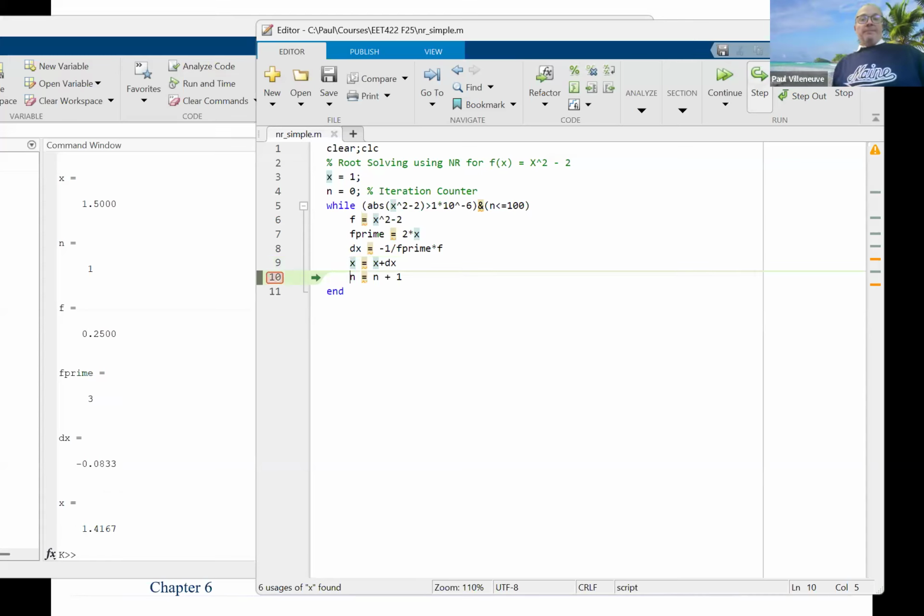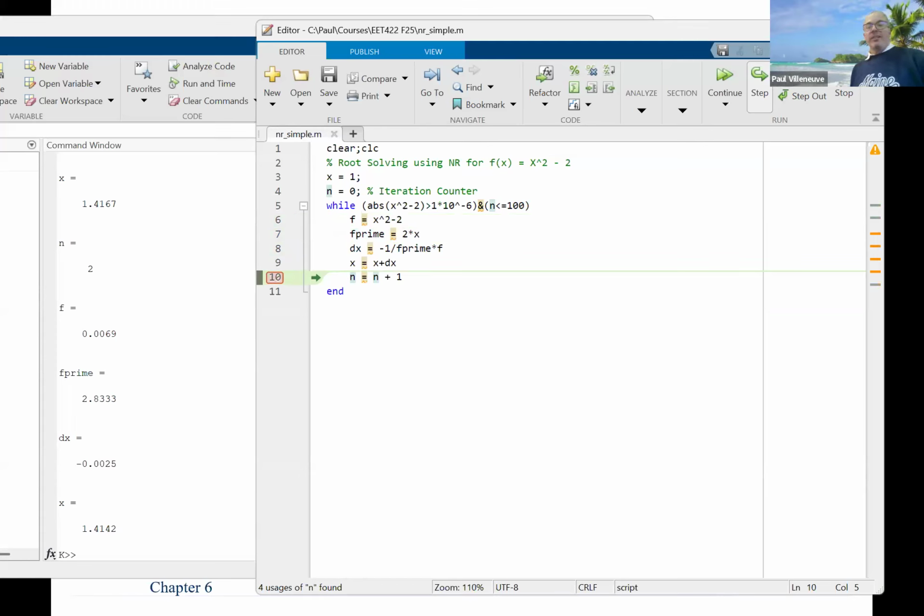So now my x value, instead of 1.5, now it's 1.4167. Now, is that less than the error? Or the f of x value, is it less than 1 micro? Well, let's check. It's not. It's 0.0069, so it's going to iterate again. Notice my dx, it was 0.0083.